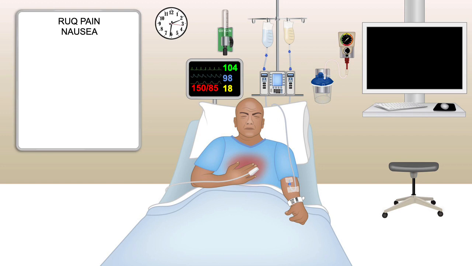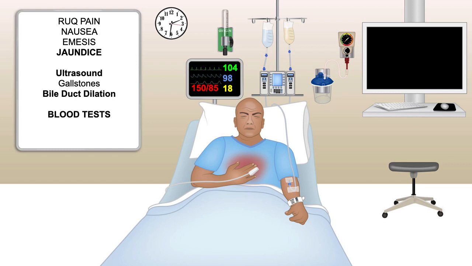Next, another patient presents with right upper quadrant pain, nausea, emesis, and when you look at his eyes, the eyes look yellow or scleral icterus, otherwise known as jaundice. And when you do an ultrasound it shows gallstones, and the intrahepatic ducts are a little bit dilated. And if you look at the blood tests, they show elevated bilirubin and elevated liver enzymes.